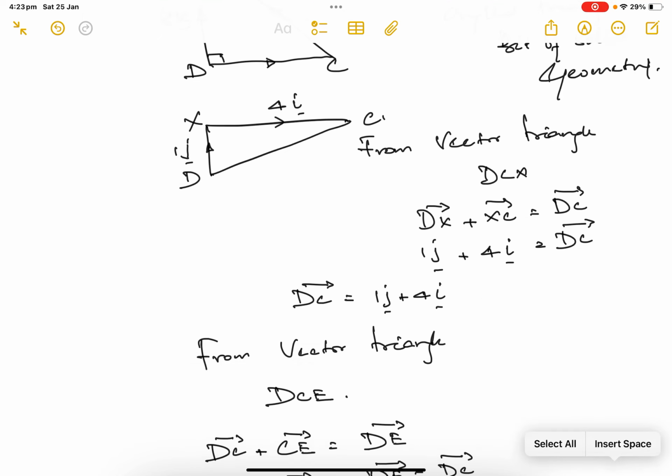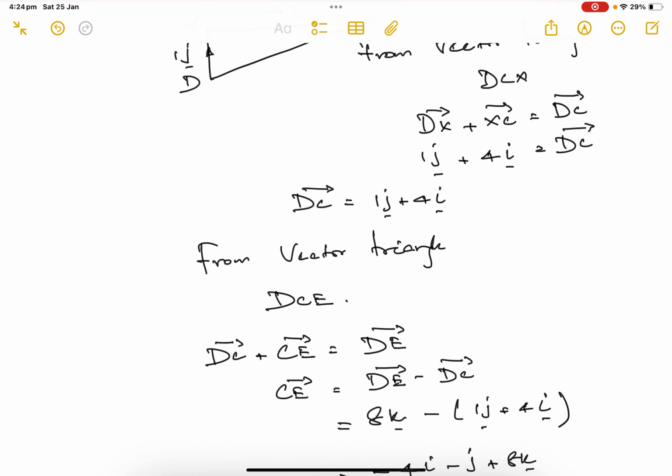DX is 1 unit and parallel to the unit vector j, therefore 1j, plus XC is 4 units, parallel to the unit vector i, therefore 4i, equals DC vector. So the DC vector is 1j plus 4i.